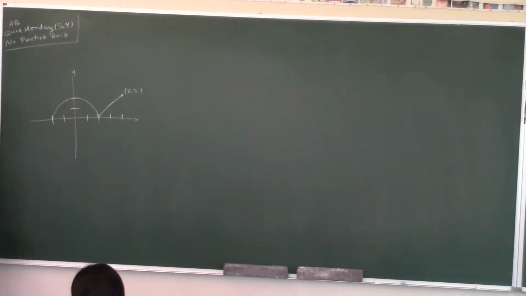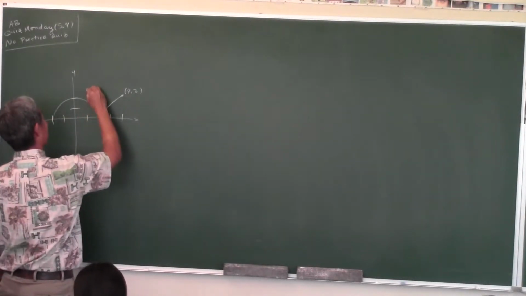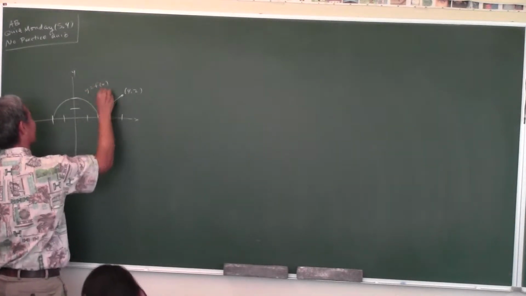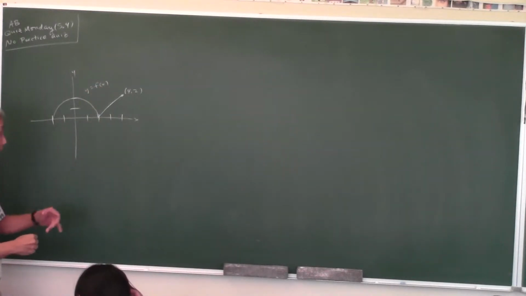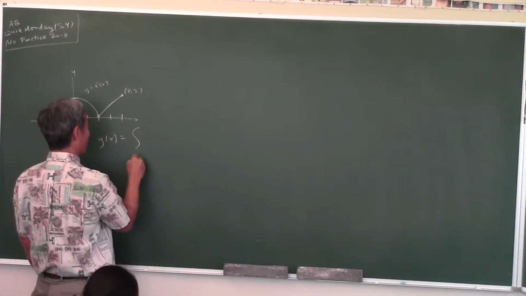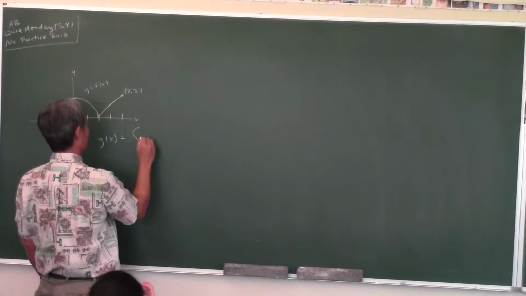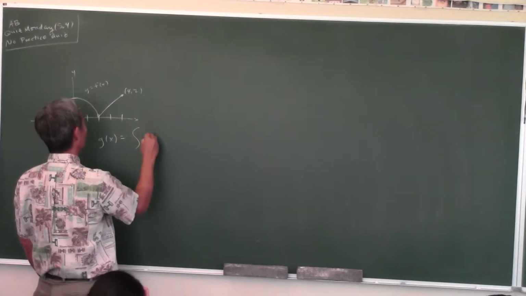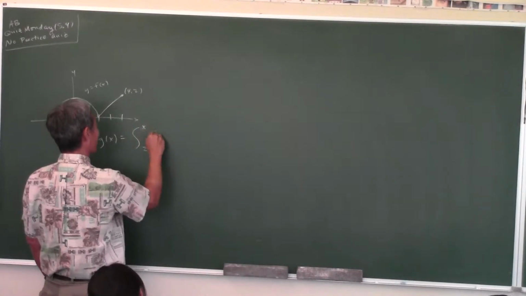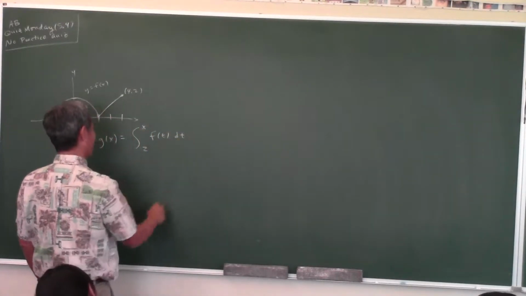So this graph is made up of a semicircle and a line segment. This is the graph of y equal f of x. And then they're going to define a different function. Now they're going to say g of x is the integral from 2 to x of f of t dt.